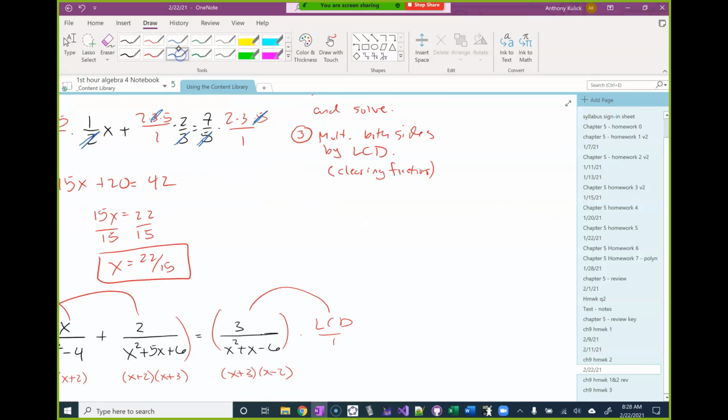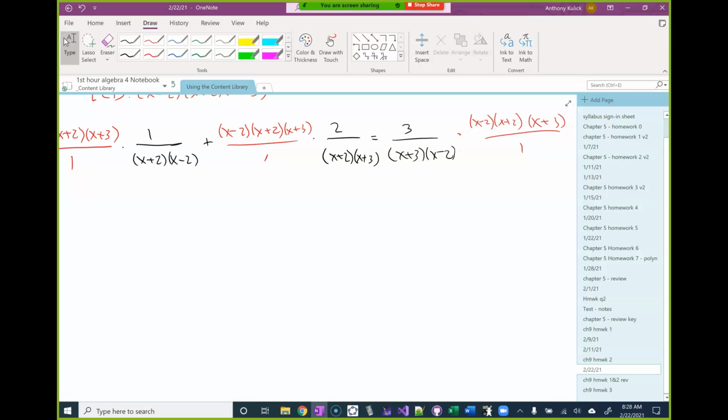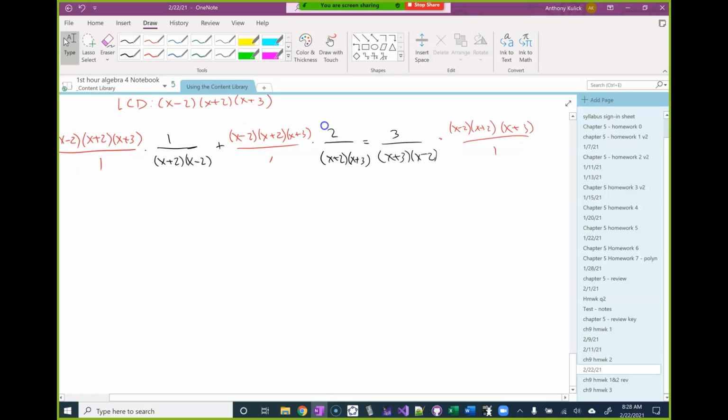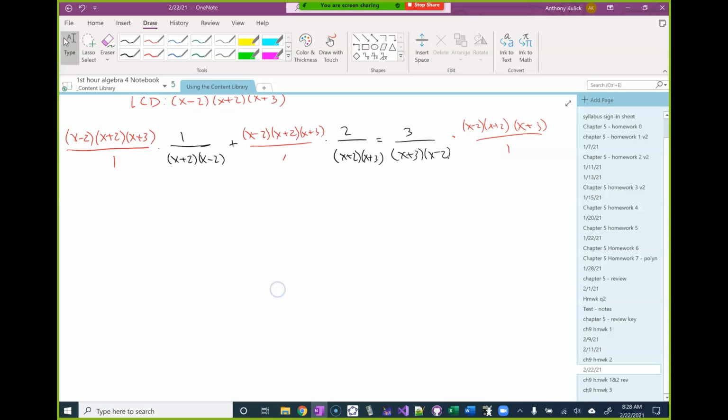Is everybody okay with how I've written this out?